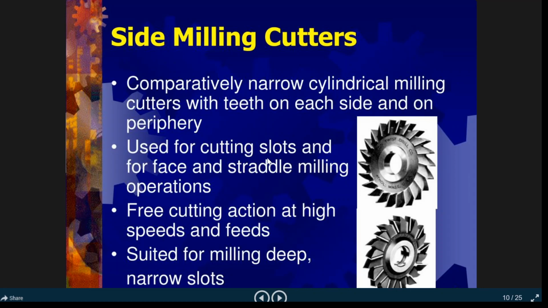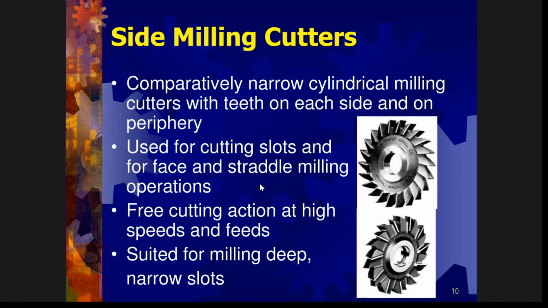Used for cutting slots and for face and straddle milling operations. Straddle milling operation means multiple cuts can be done at a time, that means by using multiple cutters. So straddle milling operations use side milling cutters.